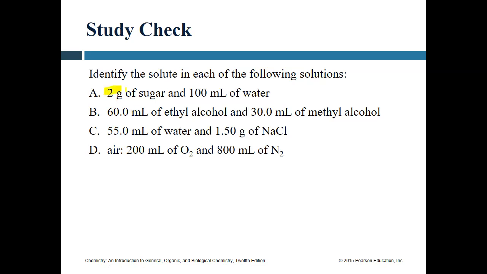It would be the sugar. And if I had 60 milliliters of ethanol and 30 of methanol, it'd be the methyl alcohol. And if I had 55 milliliters of water and 1.5 grams of salt, it'd be the salt.